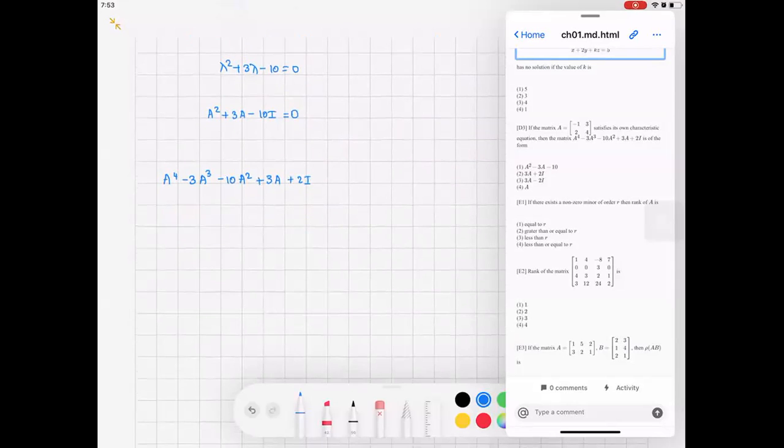Since A power 4 is there, I rewrite the given expression. If I take A square common, I get A square times (A square minus 3A minus 10I) plus 3A plus 2I. This equation is equal to the null matrix 0, and the null matrix into A square is also a null matrix. So the answer is 3A plus 2I.